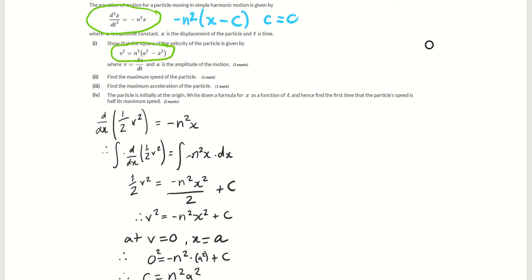So I'm thinking, all right, how can I get it in terms of x? So this is using your Extension 1 applications topic. In terms of x, I can't just integrate both sides. I have to get to my velocity by replacing my acceleration with another acceleration format.